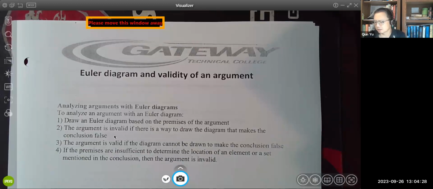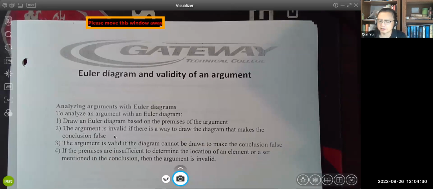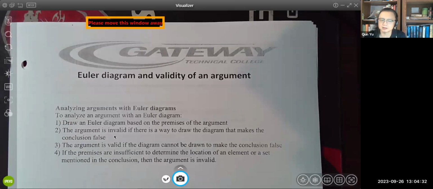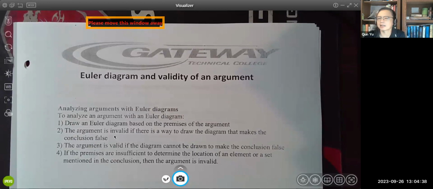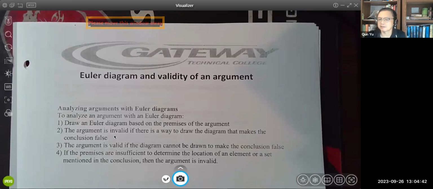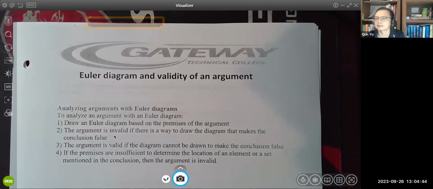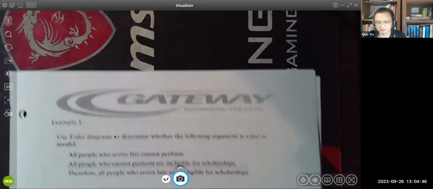Okay, let's look at examples. When you study all of these examples, you will have a much clearer picture of how to represent those premises and how to determine whether the given conclusion is a valid one or not. Okay, the first one.